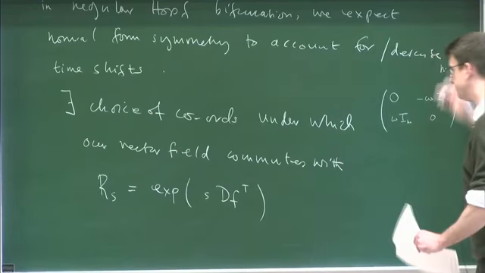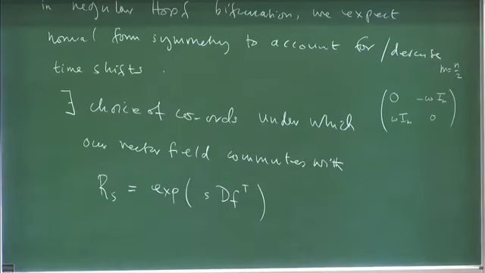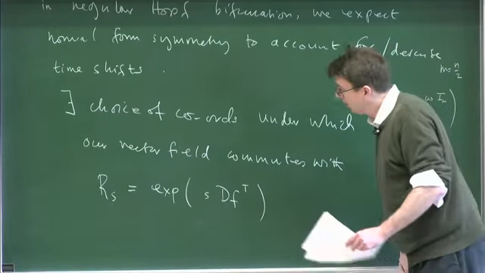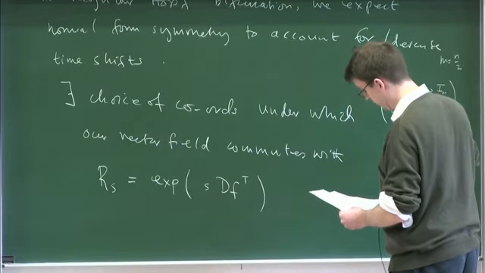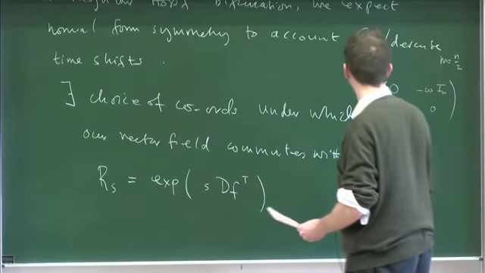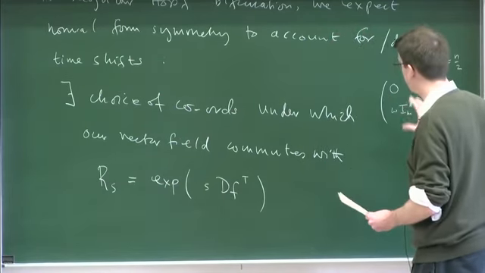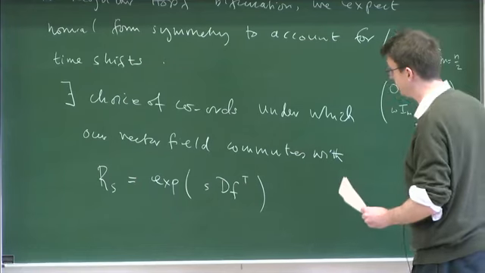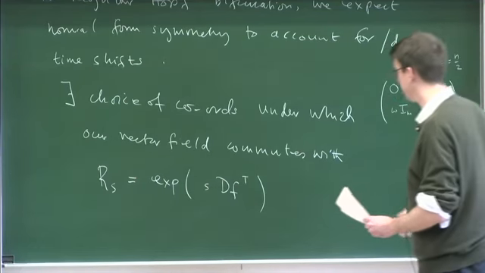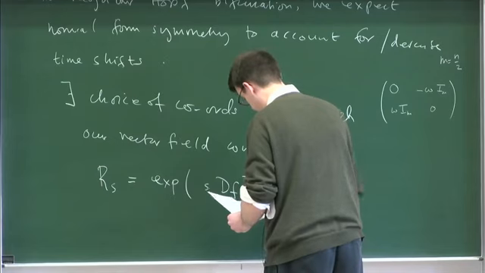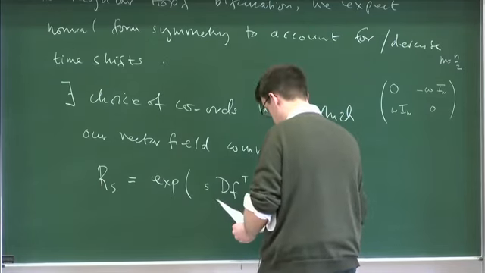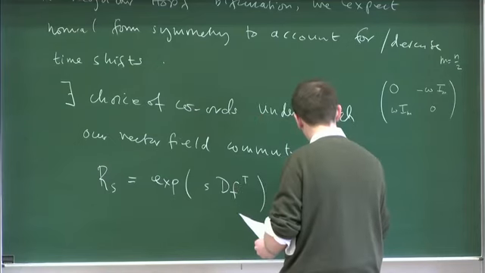And this is the Elphick, Iooss, Tirapegui, and somebody else, Brachet formula. So there is a choice of coordinates for my normal form calculations in which I can make everything commute with that matrix, which for our purposes is going to be just a rotation matrix.